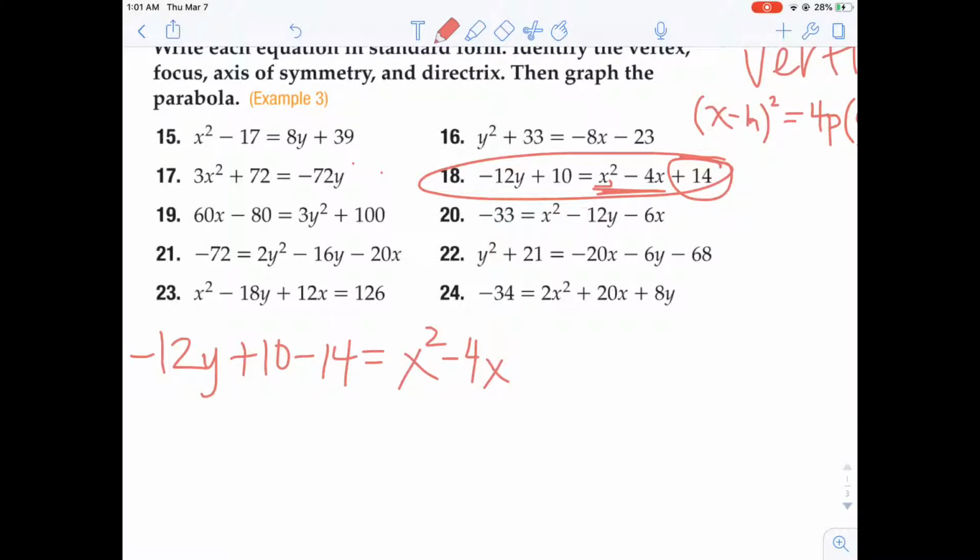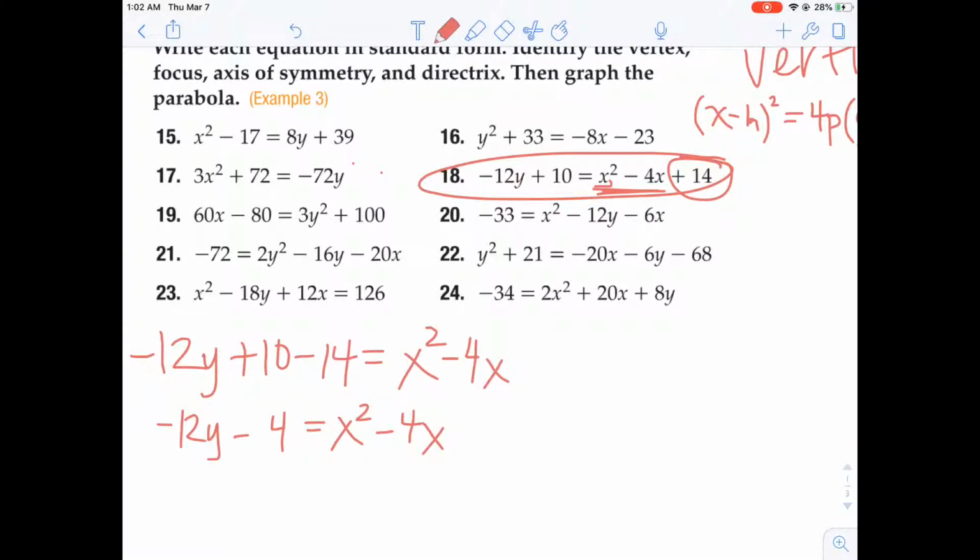We have the x squared on the right hand side of the equal sign and the y on the left hand side, but that's okay, we can just change that at the end. The main idea here is that the x squared and the x are together and everything else is on the other side. So I'm going to simplify the other side. We get negative 12y minus 4 is equal to x squared minus 4x.